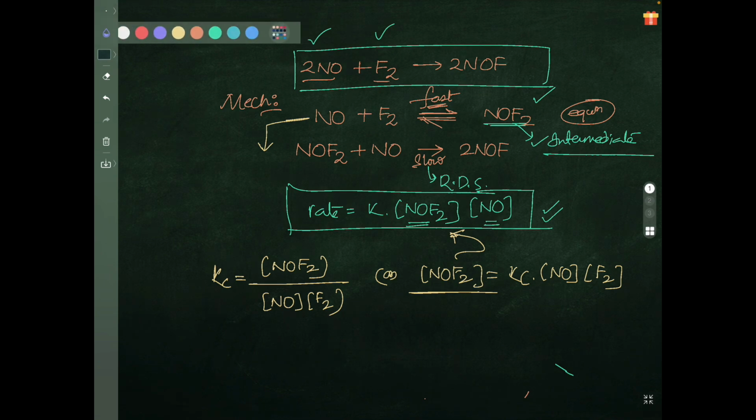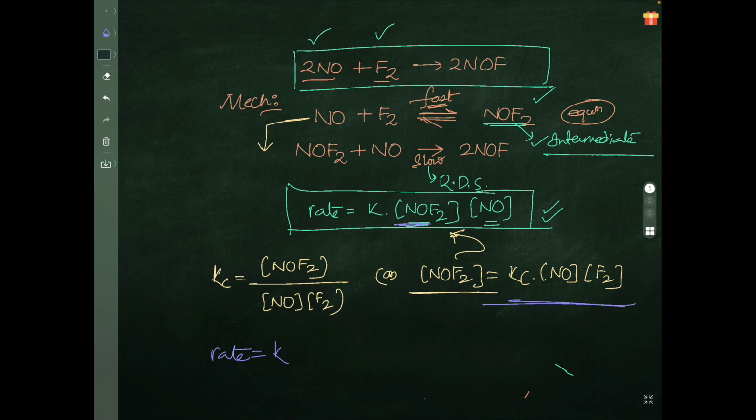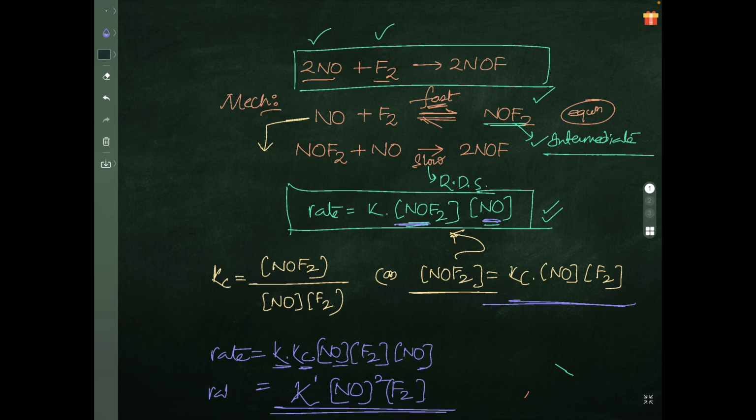So rate is equal to K into, in place of NOF2 you write Kc into concentration of NO, concentration of F2, and this NO as it is. K is a constant, Kc is a constant, so you take one more constant, or K, no problem. And NO and NO, so it will be NO square and F2. So this is the rate.